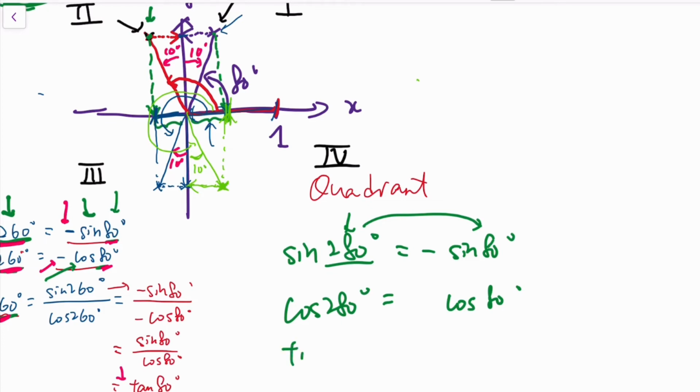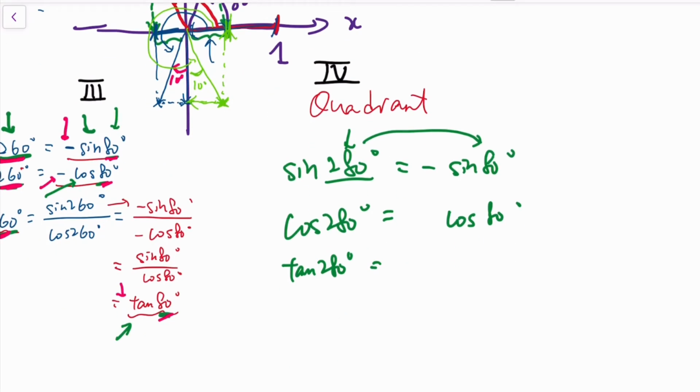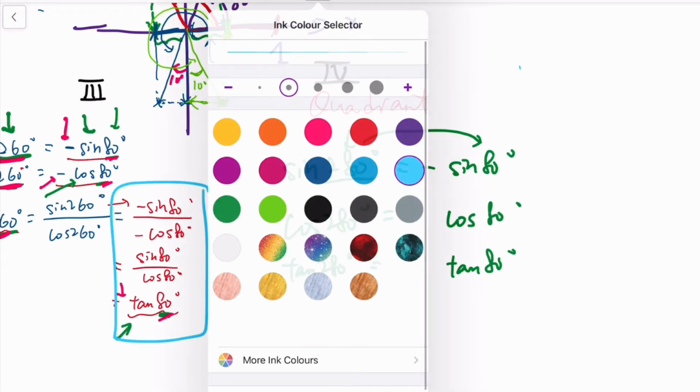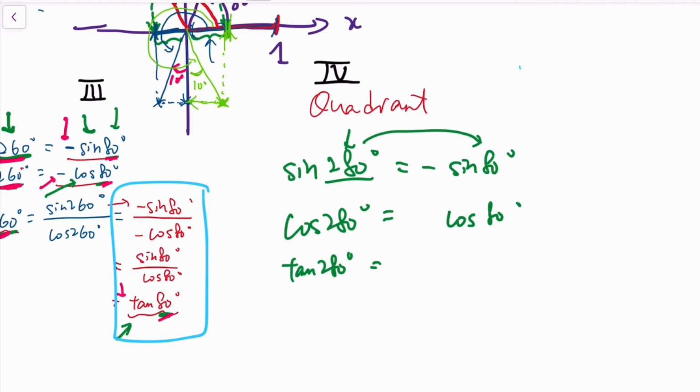And lastly, tangent. If you believe in what I said, then obviously tangent 280 would still be related to tangent 80, because I said the angles are always the same. Now the problem is, should this be positive or negative? To figure that out, let's do this process again. By definition, tangent is sine over cosine.